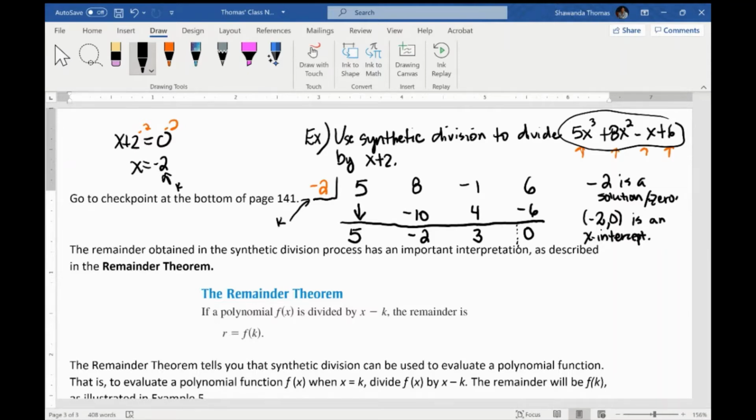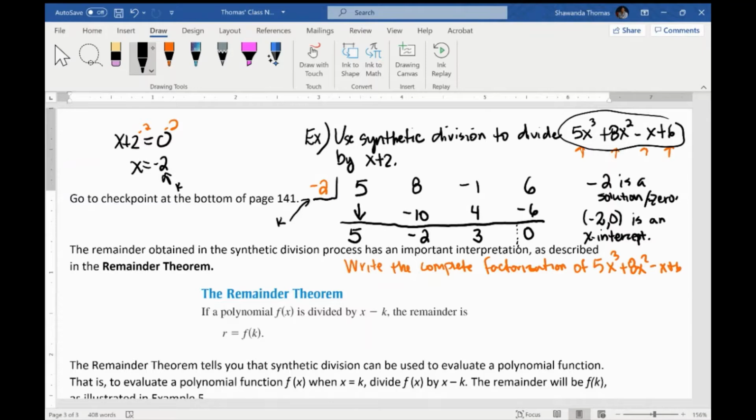Now, what if I'm asking more questions. Write the complete factorization of 5x cubed plus 8x squared minus x plus 6.